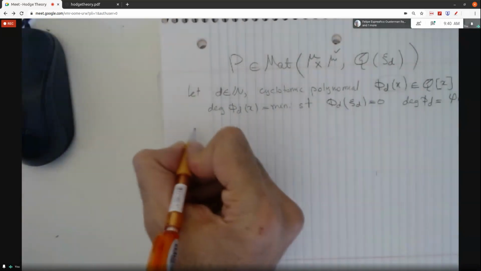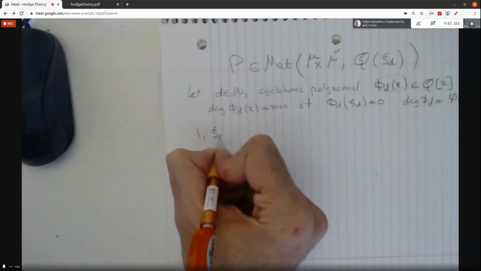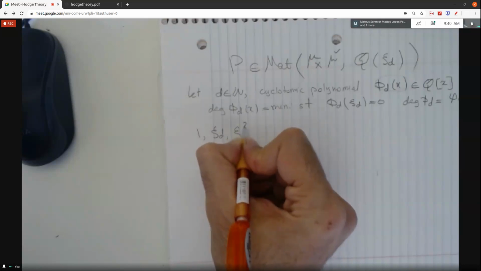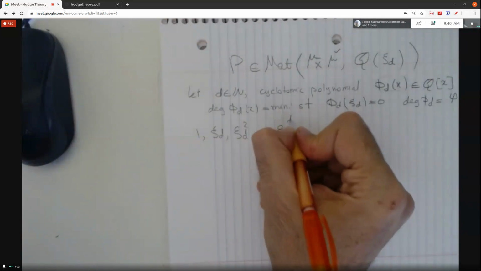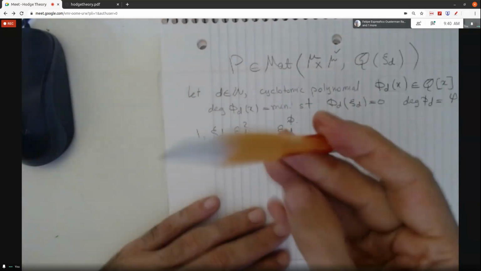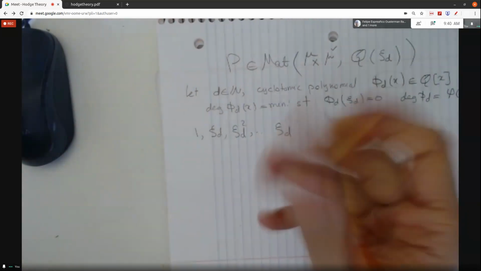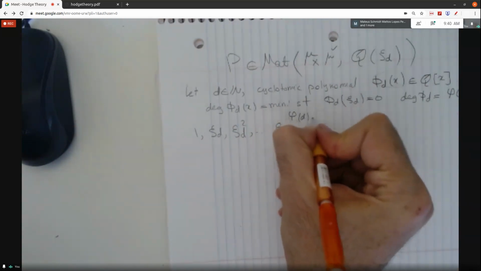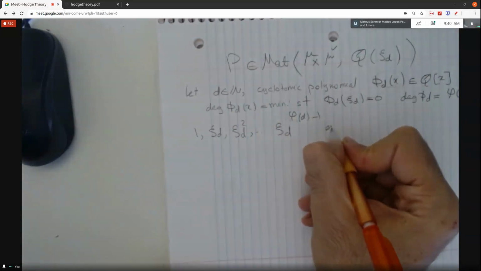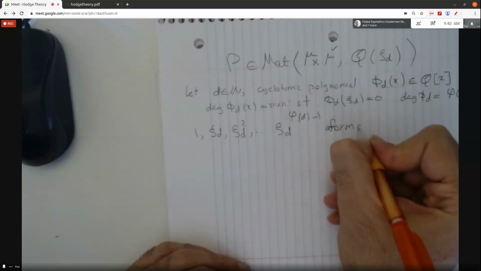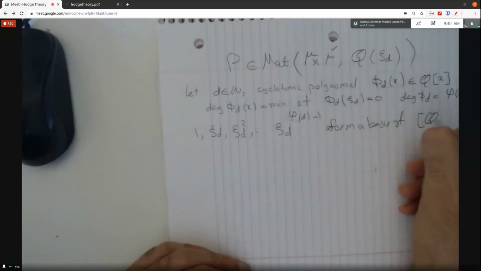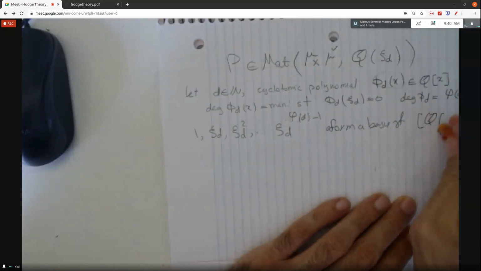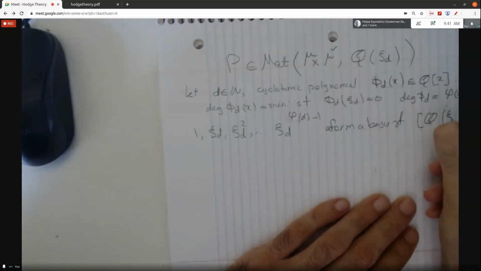Anyway, it turns out that 1, zeta d, zeta d squared, up to zeta d to the phi(d) minus 1 form a basis of this extension Q(zeta d) over Q.